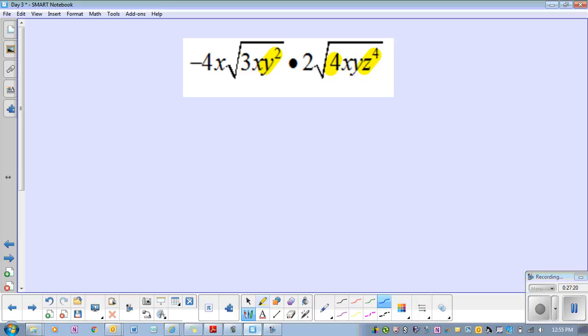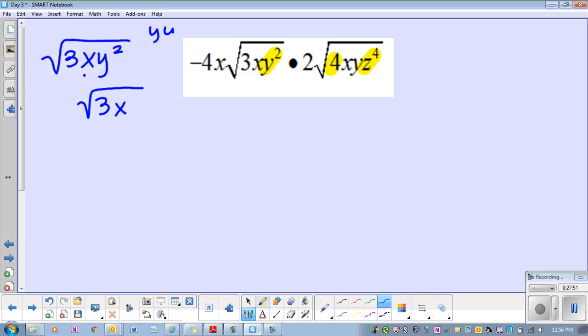Alright. So if I take the square root of 3xy squared, okay? I'm just going to simplify the radical, right? The 3. 3 is a prime number, so that stays in, yeah? How about this x? How many x's do I have? Just the 1, so it can't come out. How about the y's? How many y's? 2.